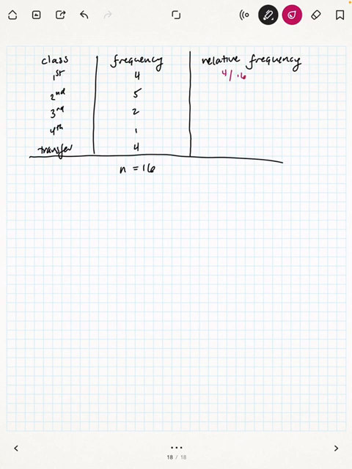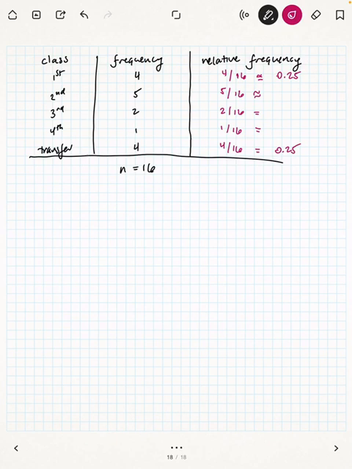So 4 divided by 16. You can leave it as a fraction, or if you want to represent it as a decimal number, then you should actually compute that. Now 4/16, that's 0.25, because that's a quarter. But for the rest, we probably will need some help figuring that out.